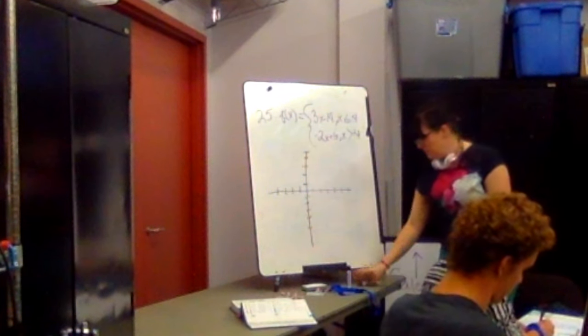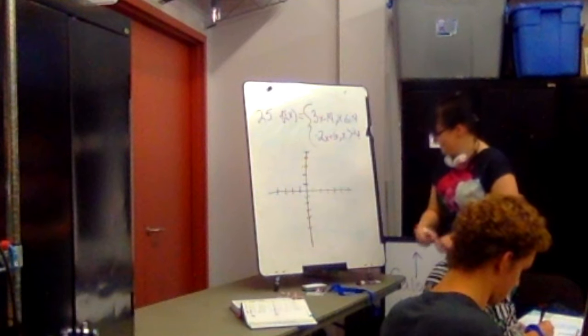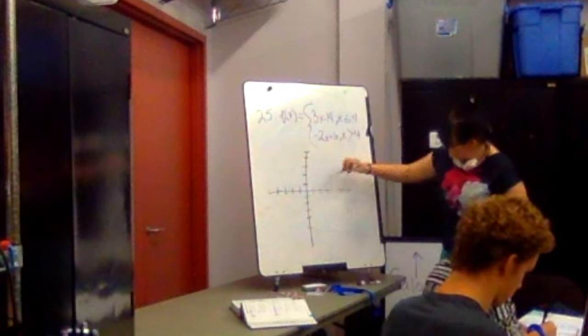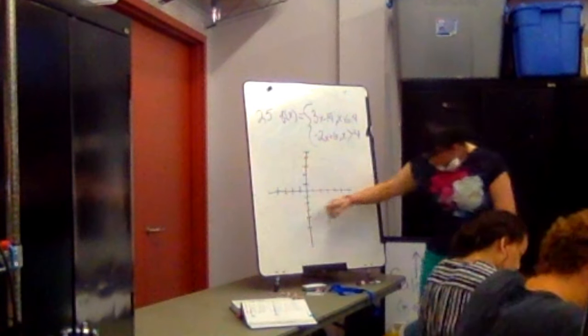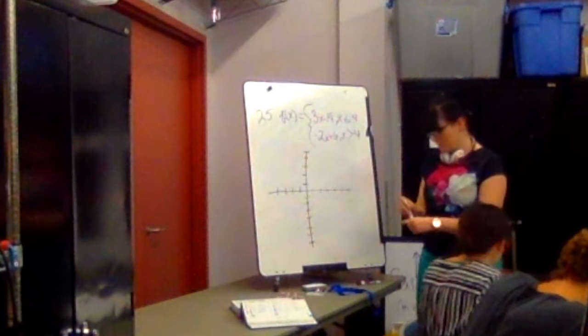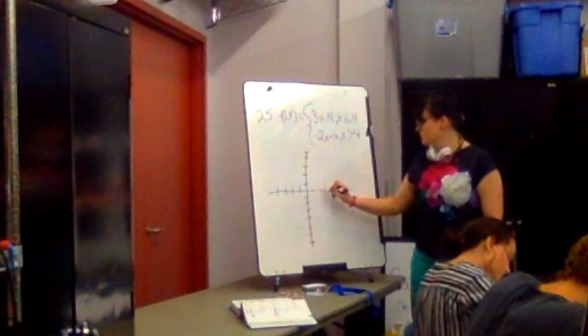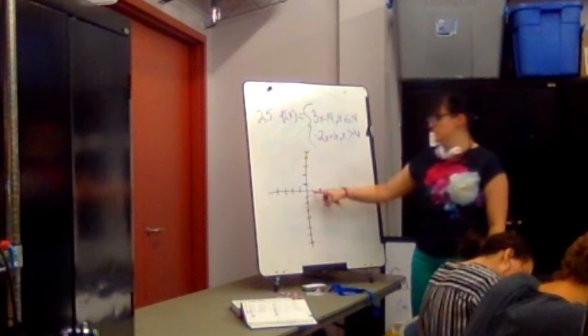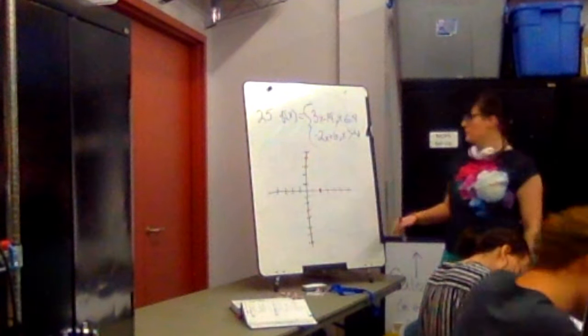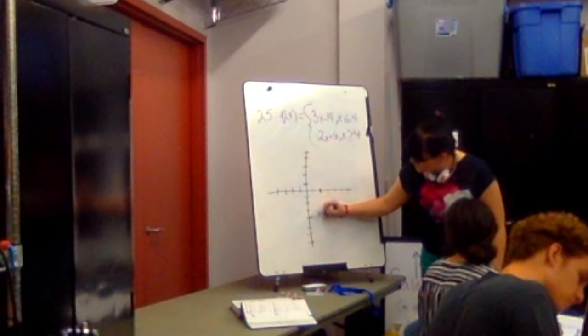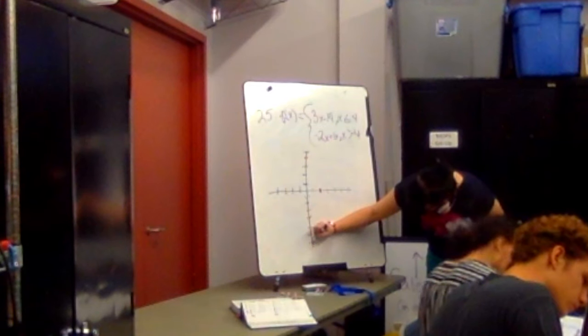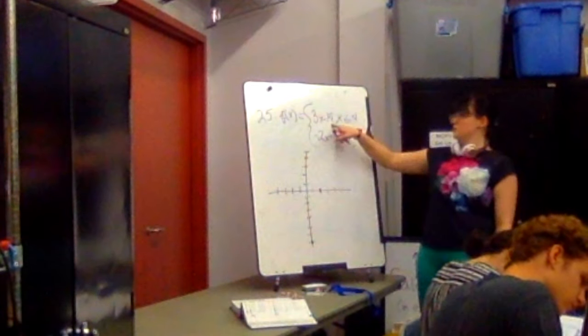Well, 14 is a big number, and I didn't draw my graph big enough. So let's make each one of these worth 2. Here's 4, because each notch is 2. Right here, 2, 4, 6, 8, 10, 12, 14, because that's my intercept.